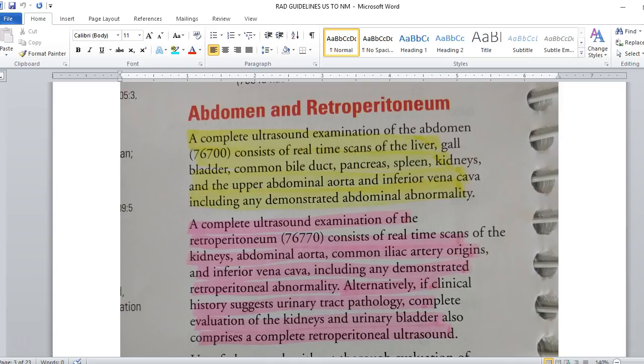So for instance, if they do see a kidney stone in the left kidney, and that leads them to think that maybe they should continue and check both ureters and the bladder for stones, that is included in the complete ultrasound. But again, it's all or part. If it's all of it, it's 76770. If it's just one part of it, then it's going to be our other codes, 76775.